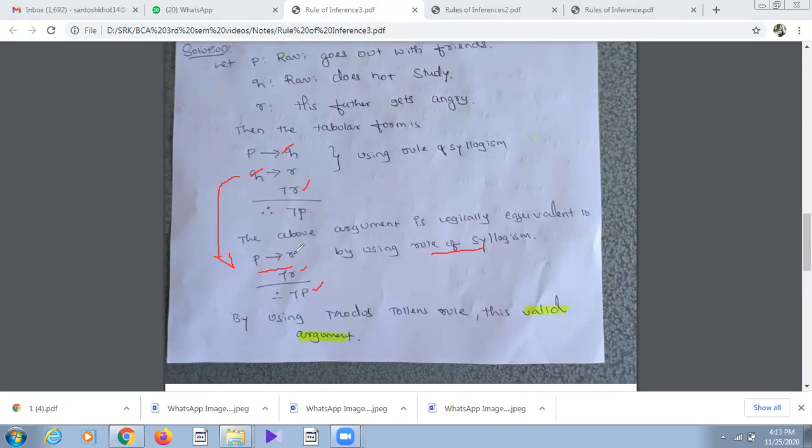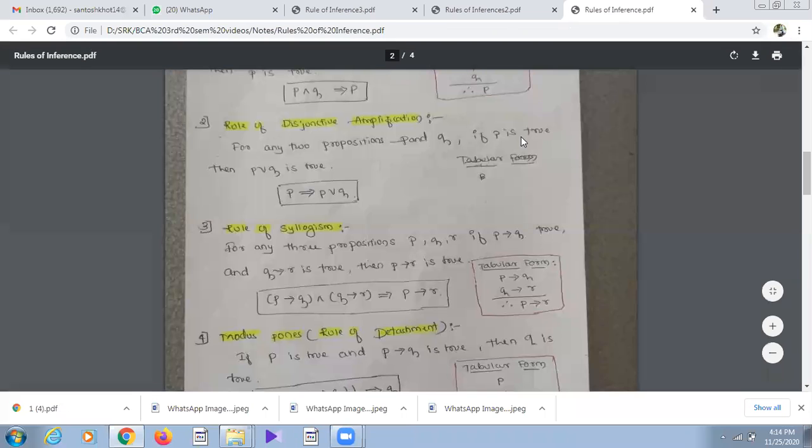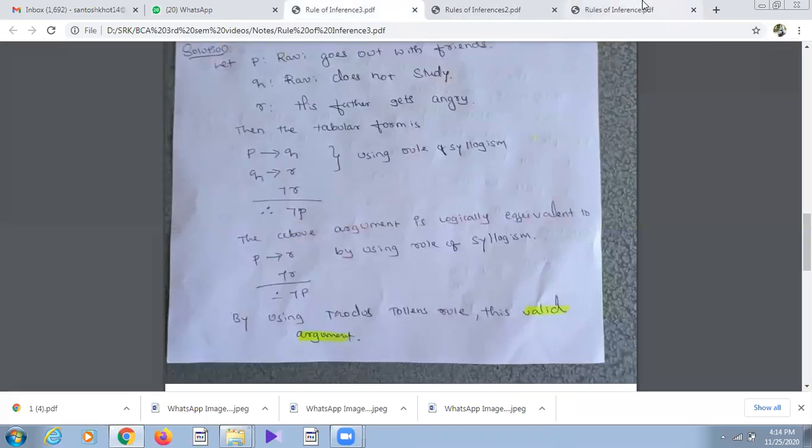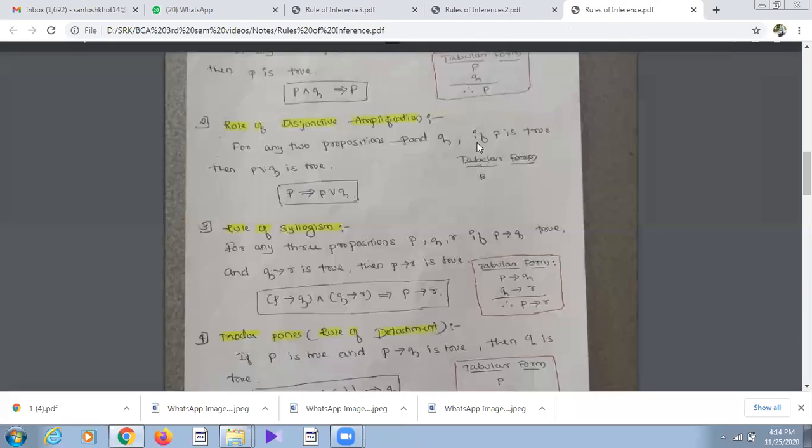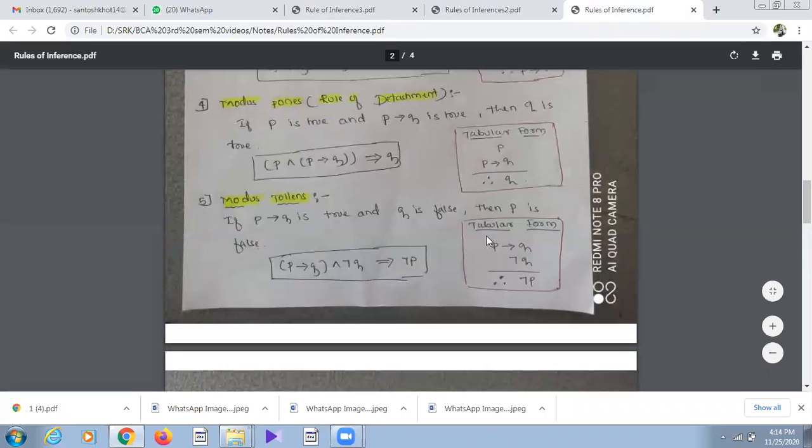Now we can check which rule is applying. Check it in the rules of inference. Modus tollens: P conditional Q, below is negation Q, so the conclusion is negation P. So here we have P conditional R, instead of Q we have R, so there is no issue. Negation R is there, and the conclusion negation P is there.